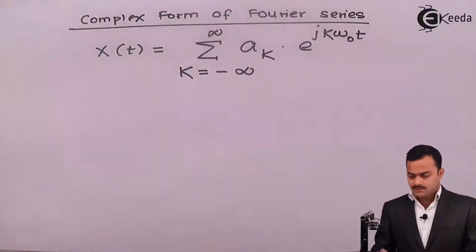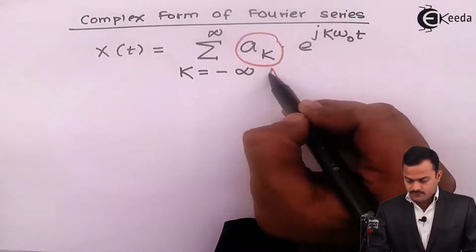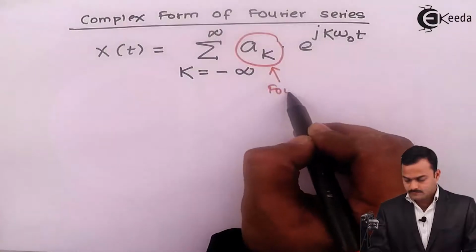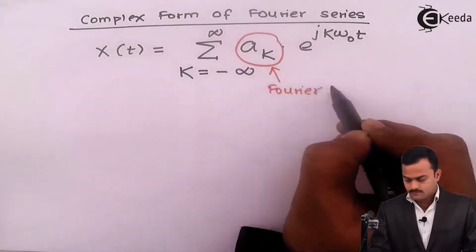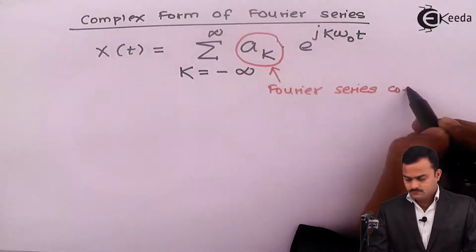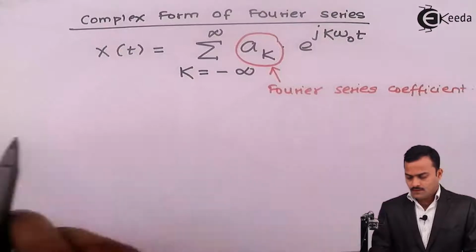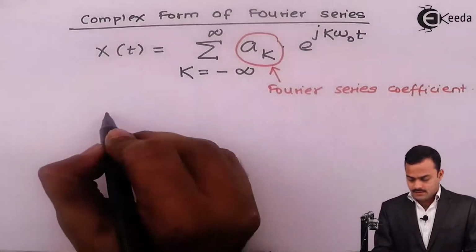In this, a k is nothing but the Fourier series coefficient. And how to obtain this?